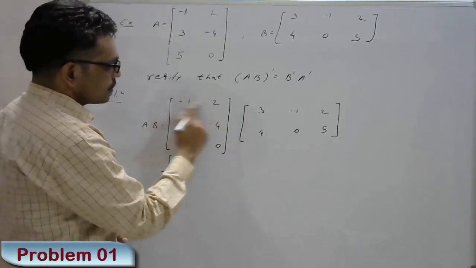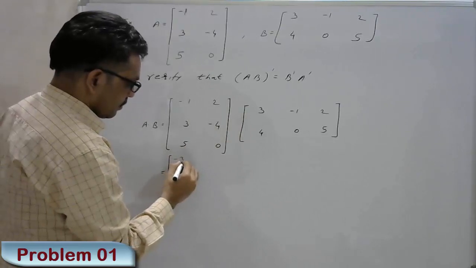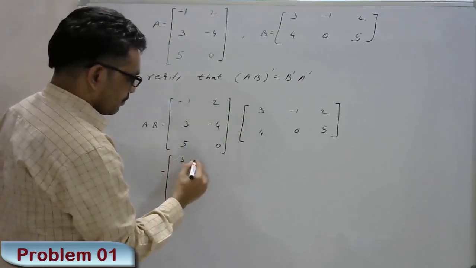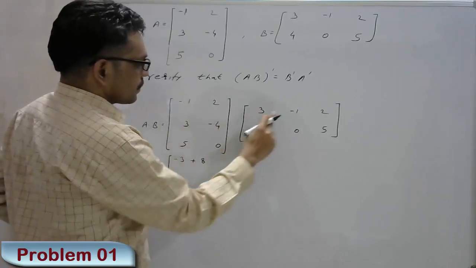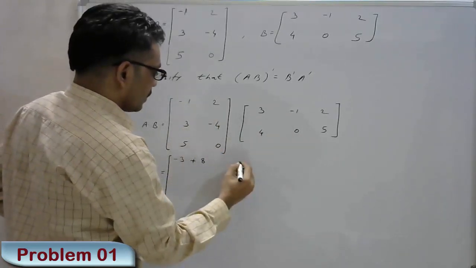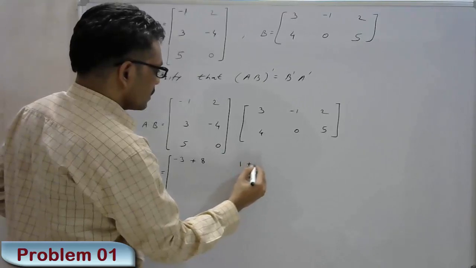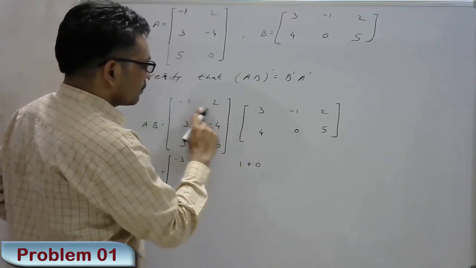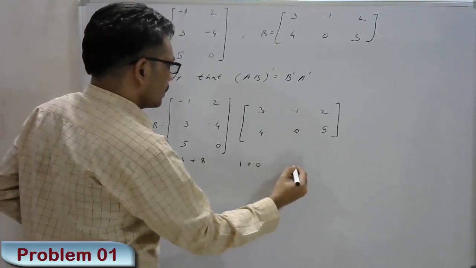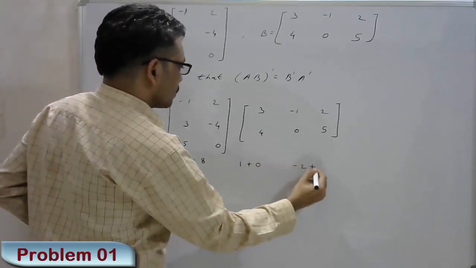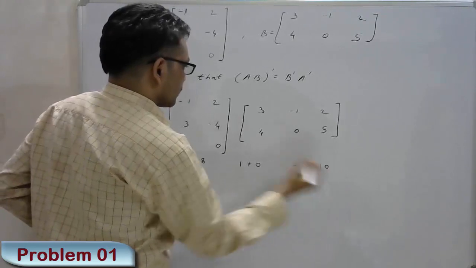Then this one is -1 into 3, -3 plus 8. Multiply the first row, second column. Therefore, here 1 plus 0. Multiply the first row by the third column. Therefore, this one is -2 plus 10.